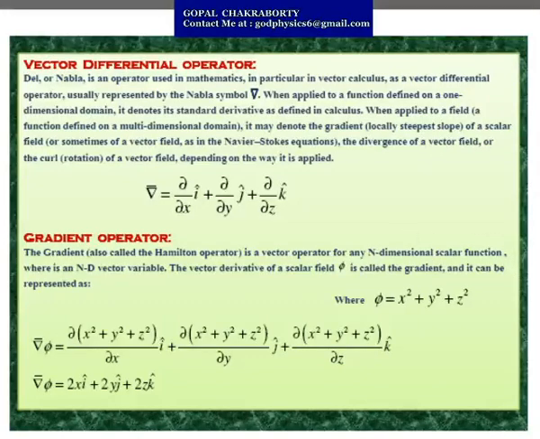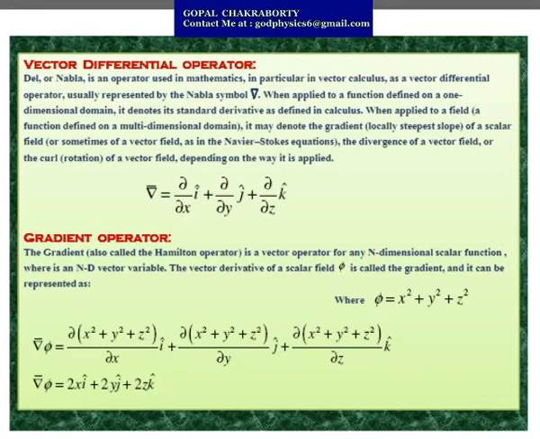It is a 3-dimensional operator having the value del equals ∂/∂x i cap plus ∂/∂y j cap plus ∂/∂z k cap. This is a differentiation function. If you apply this operator over some quantity, it will certainly change the value of that quantity to another quantity.